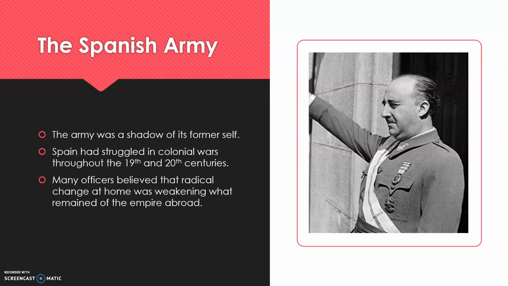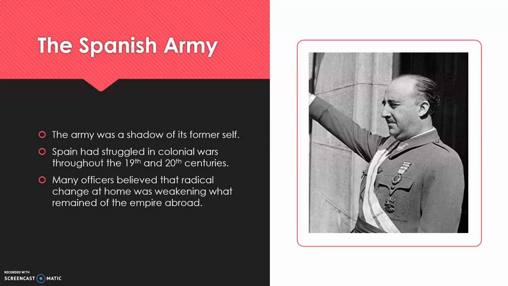Lastly, the Spanish army. The Spanish army had been defeated time after time ever since the Napoleonic Wars at the end of the 18th, beginning of the 19th century. And over the course of the 19th century, Spain had lost all of South America, most of the Caribbean, and finally all of the Caribbean when it was defeated by the United States in the Spanish-American War.